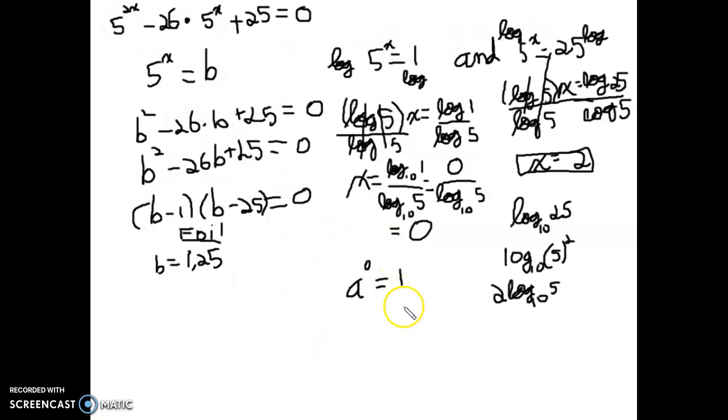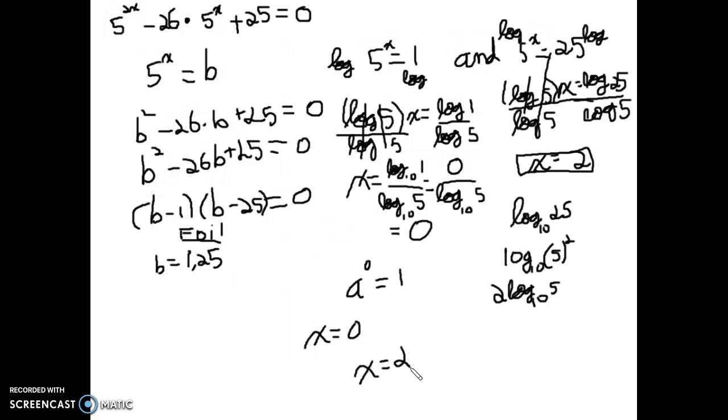And so really, there are 2 solutions to this equation: x is equal to 0, and x is equal to 2.